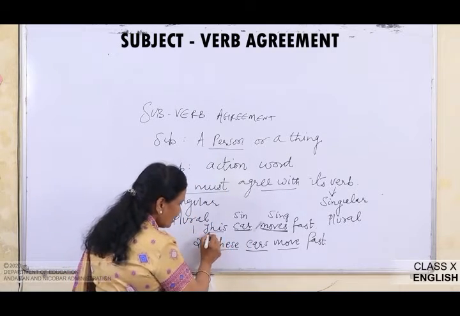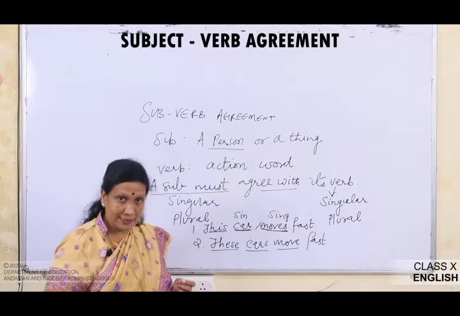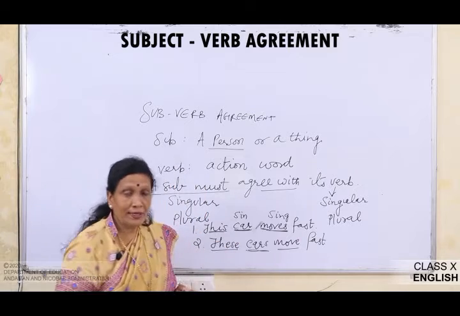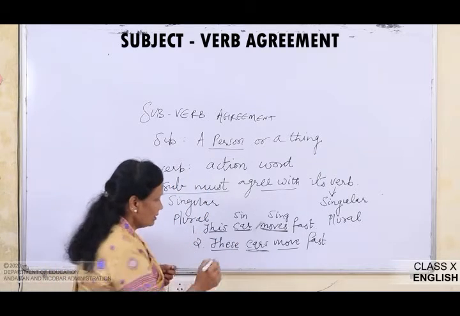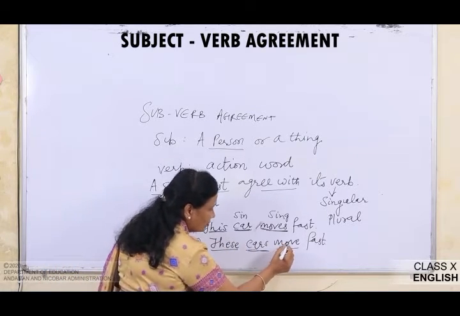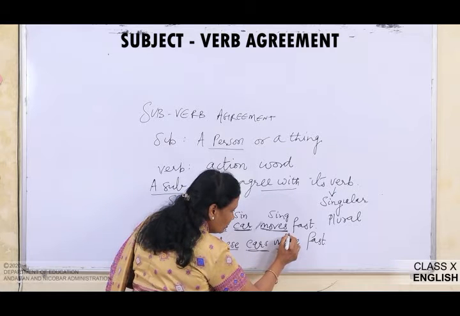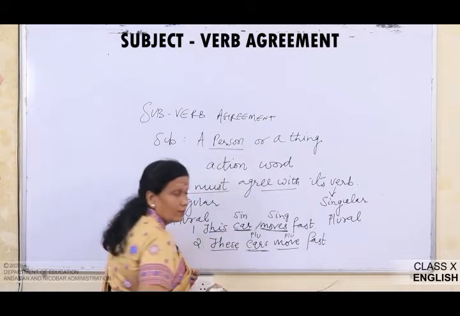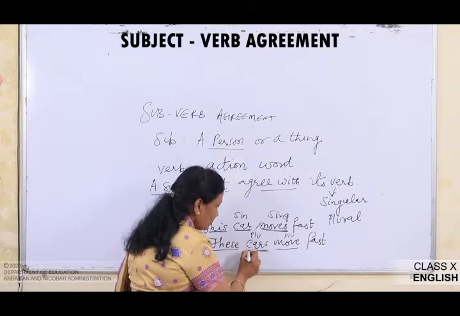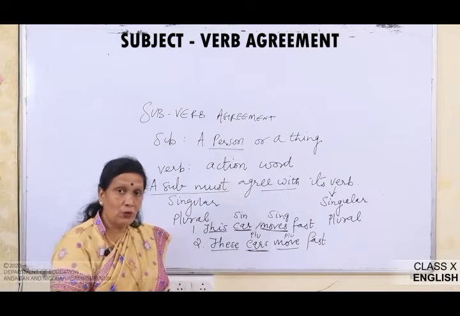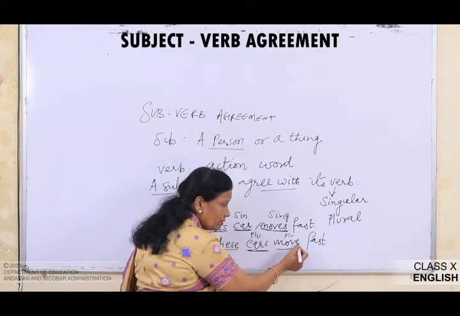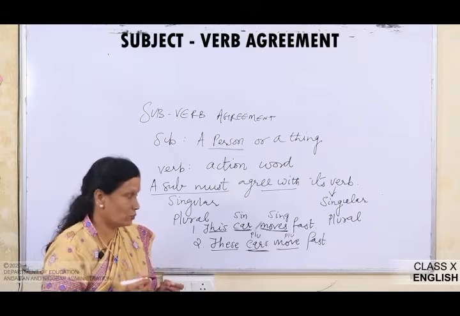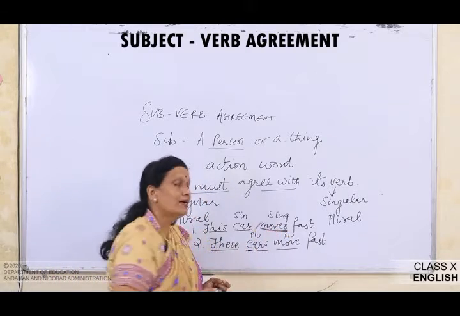Okay. And that is why we had this. And now here, since the subject is plural, cars, so here we have this also in plural. Okay. When the subject is in plural children, the verb is like this, it does not have s with it. For singular, as I told you, we have s.